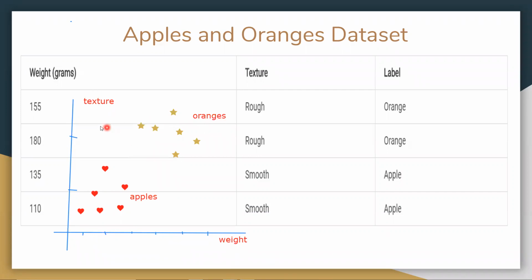But anyhow, you have to find out the decision boundary. Like this you will plot, and you will understand that okay, there is some space where I have to fit a line, like this, which differentiates apples from oranges.